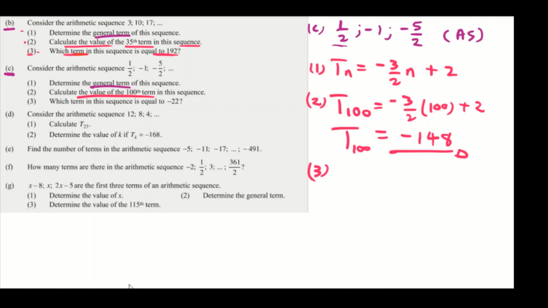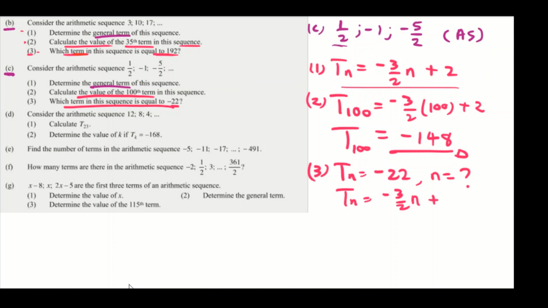And then number 3, we are asked to find the term which is equal to -22. So if tn is equal to -22, we are asked to find n, meaning you're going to use the formula t subscript n is equal to -3/2 n plus 2.